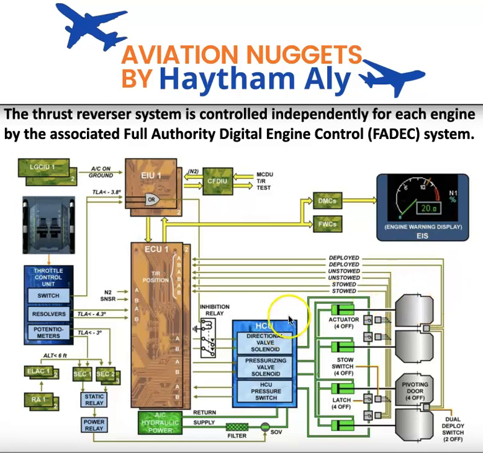I need to tell you that before the hydraulic reaches the actuator, the hydraulic must reach and release the door locks or door latches in series: 1, 2, 3, 4, and then go back. And only when both solenoids of the directional valve and the pressurizing valve are energized, the thrust reverser deploy will happen.